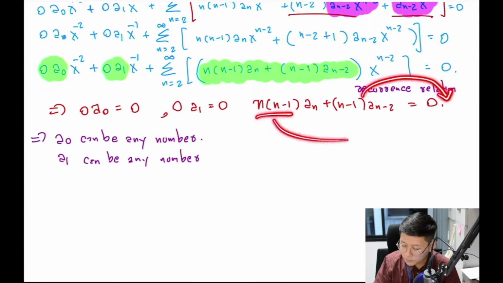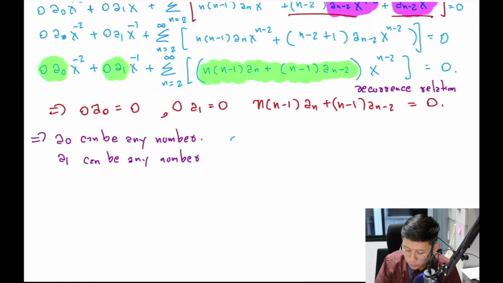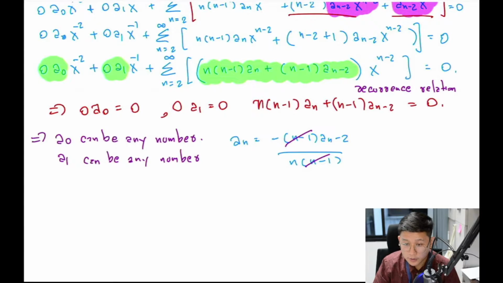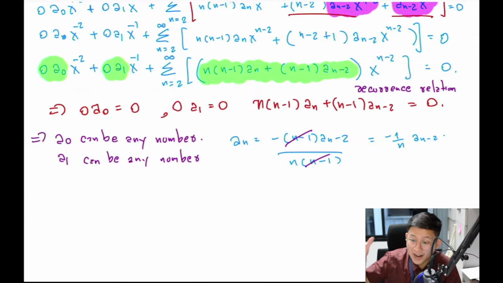So what I have here would be a_n equals minus (n minus 1) a_{n-2} divided by (n minus 1), and these cancel out. So we have that a_n is minus a_{n-2}. This is why it's called a recurrence relation, because you can find a_n from a_{n-2}.